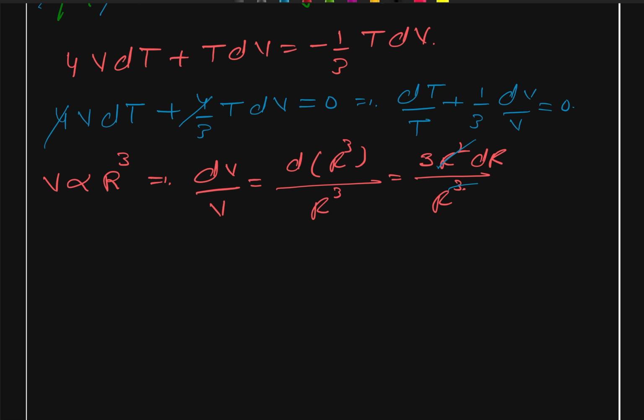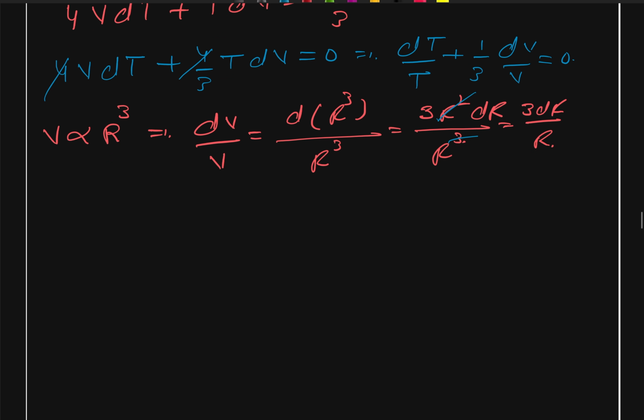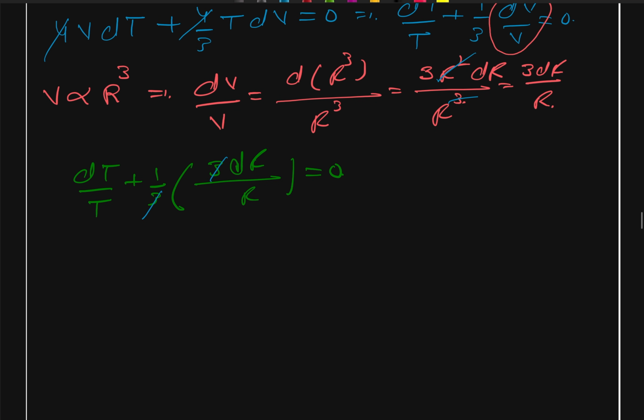So square goes with this cube, so this comes as 3 dR by R, and we substitute this in place of dV by V. So we get dT by T plus 1 by 3 times 3 dR by R is equal to 0. 3 and 3 cancel out, and this gives us dT upon T plus dR upon R is equal to 0.